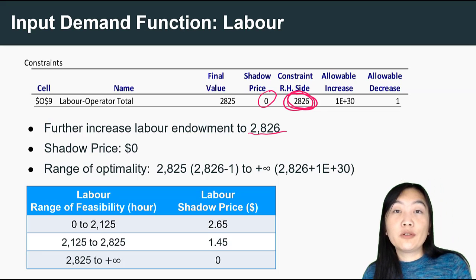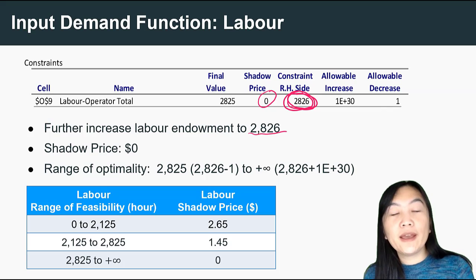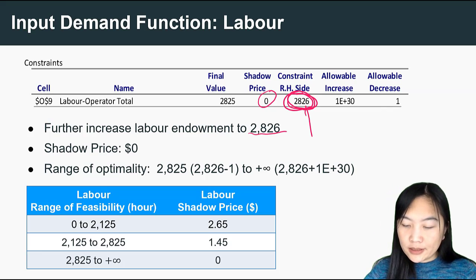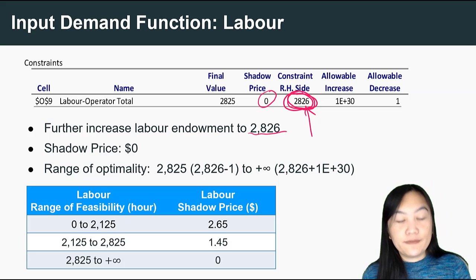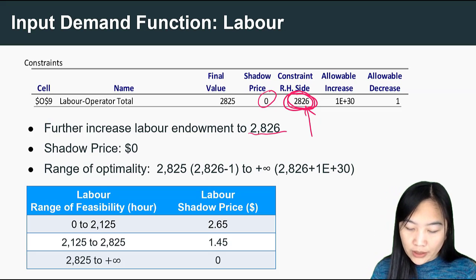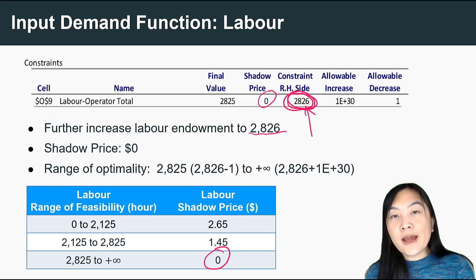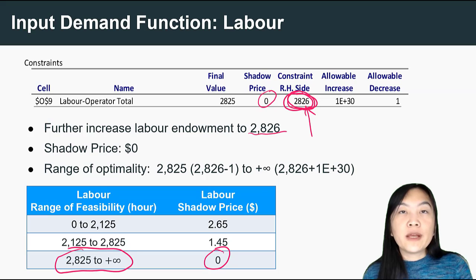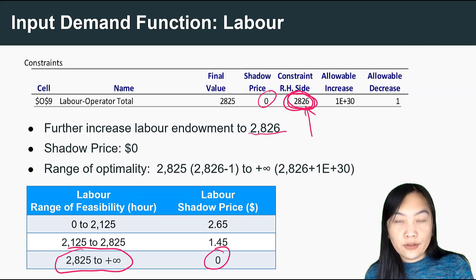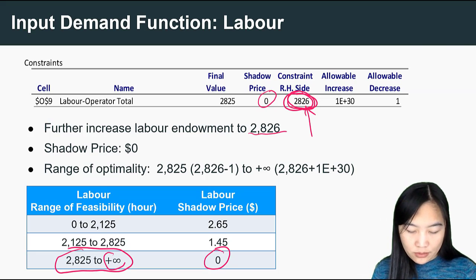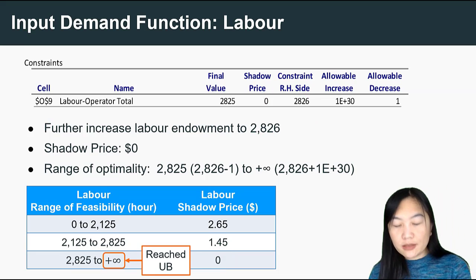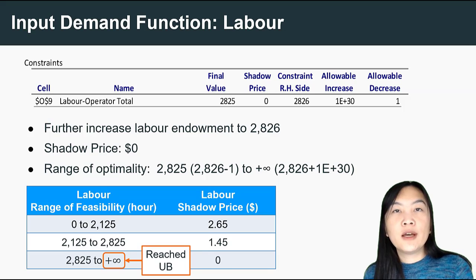So the producer is not willing to pay for any labor above that amount. We get the new shadow price, and the new range of right-hand side values for that shadow price. And we do find that we reached the upper bound here, which is positive infinity.